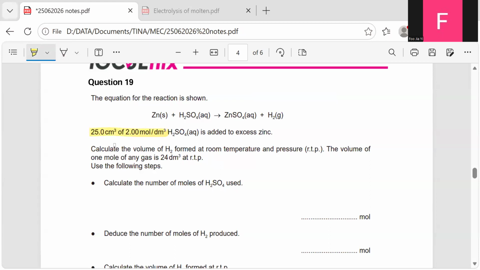I'm sure you know what formula to use, right? Okay, use the correct formula.